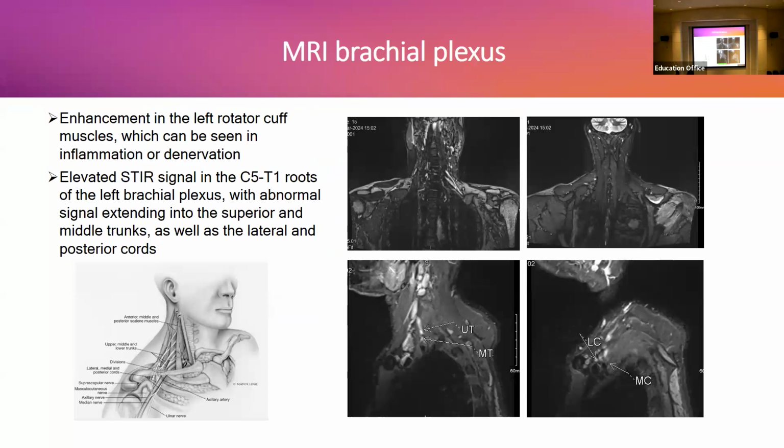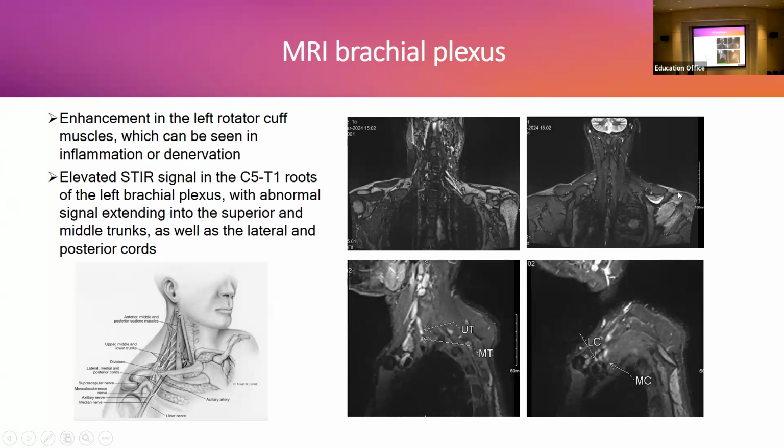So as you can see here in this patient, on the top two panels on the left, it is the coronal view of the STIR imaging, and you can see this significant increase of STIR signal in the upper and middle trunk.